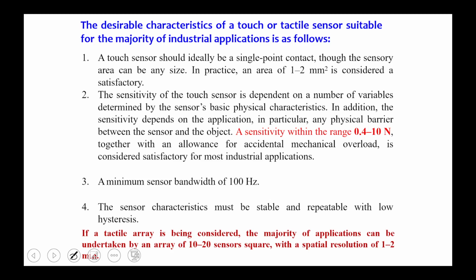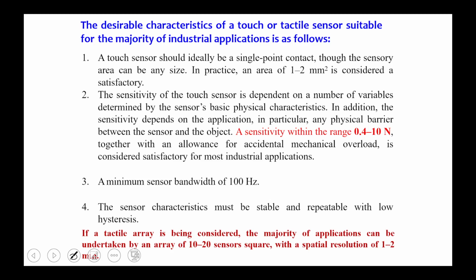The desirable characteristics of a touch or tactile sensor suitable for the majority of industrial applications: a touch sensor should ideally be single point contact, though the sensor area can be any size. In practice, an area of 1 to 2 mm square is considered satisfactory. It should give the resistance at only one position so the system reads an accurate value.